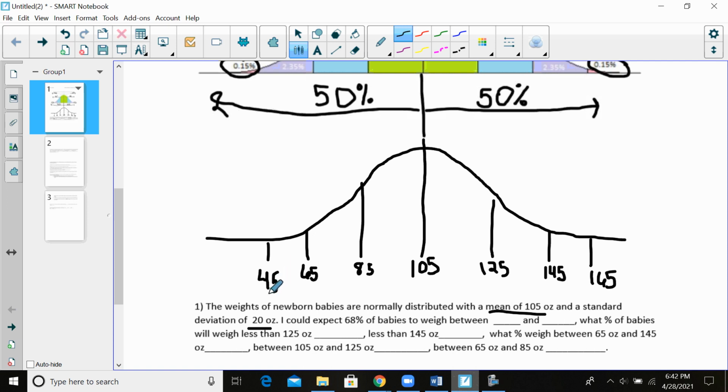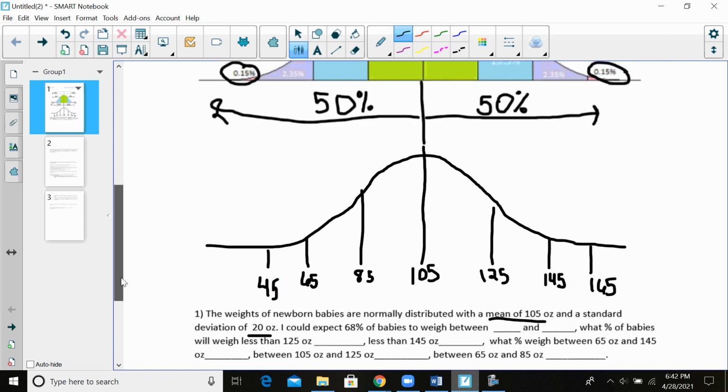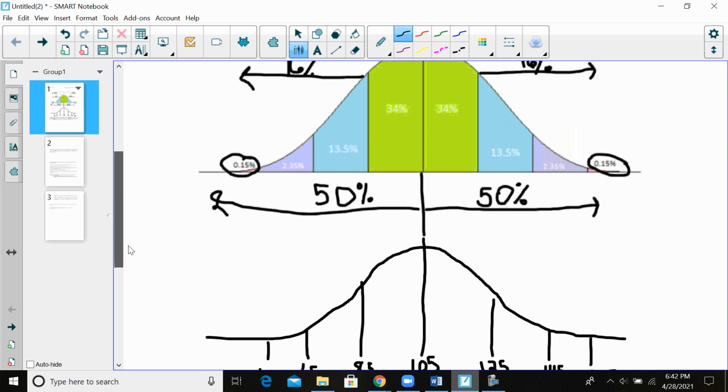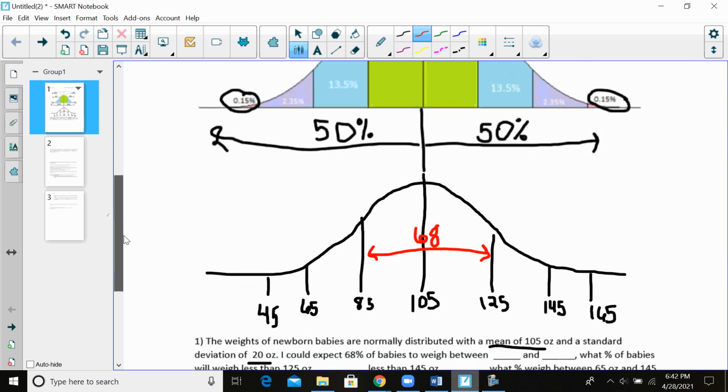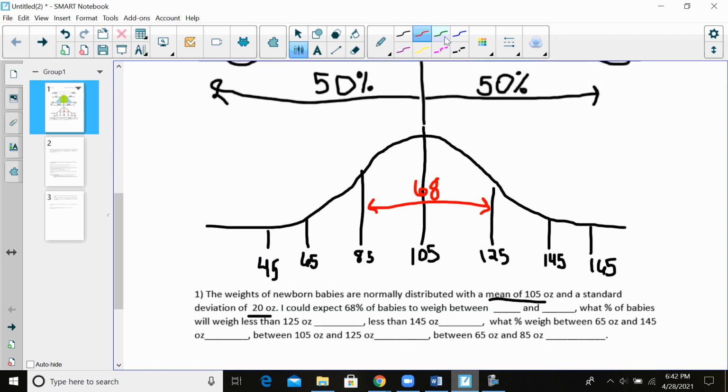Okay, but what we can see by looking up above is that 68% have to fall, with 34% on each side, right? 68% have to fall within 1 standard deviation of the mean. So there's 68% in here, and then there's 95% within 2 standard deviations.